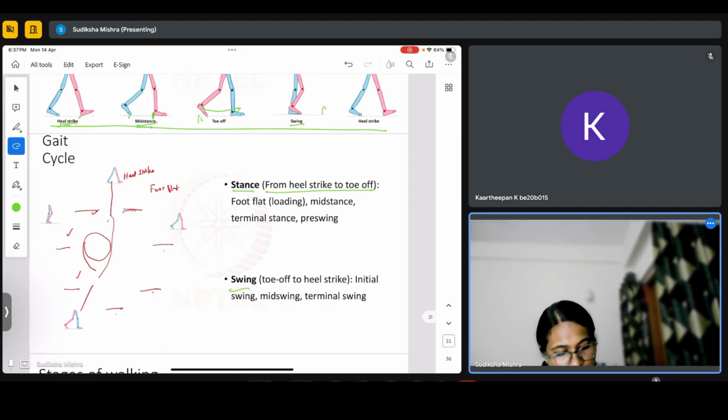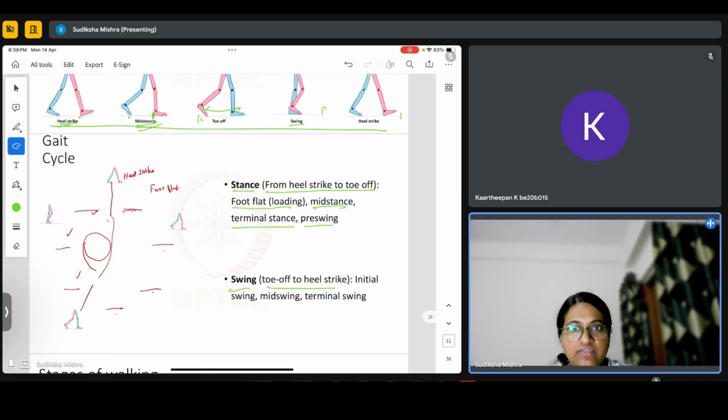From toe off to heel strike is the next one. For the stance phase, the first step is foot flat or the loading phase, then the mid stance phase, the terminal stance phase, and the pre swing phase just before toe off.